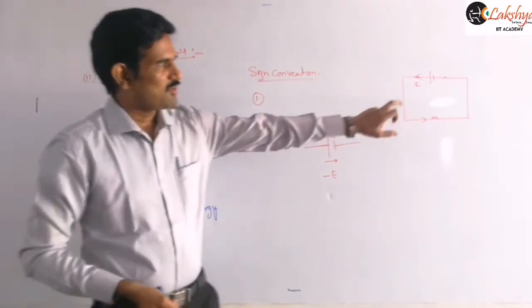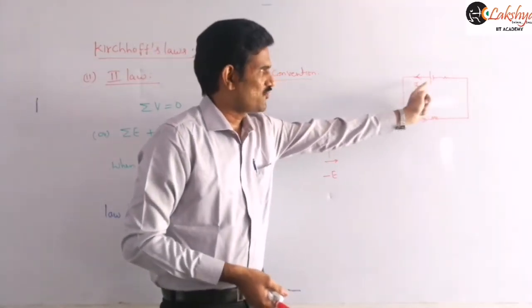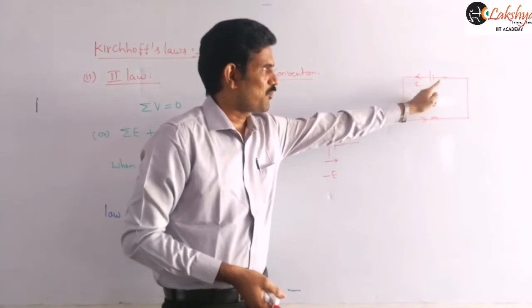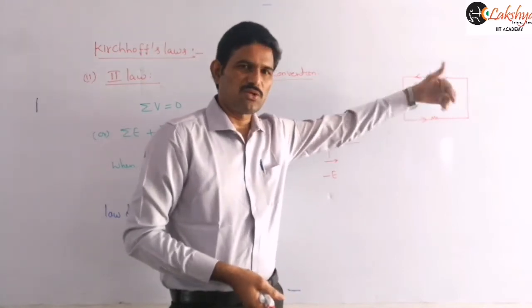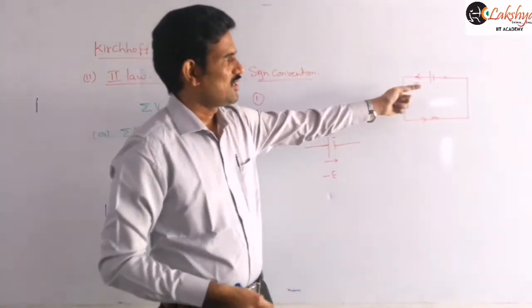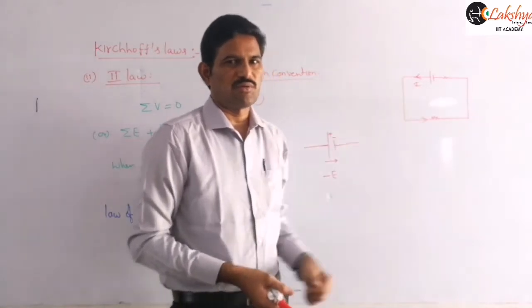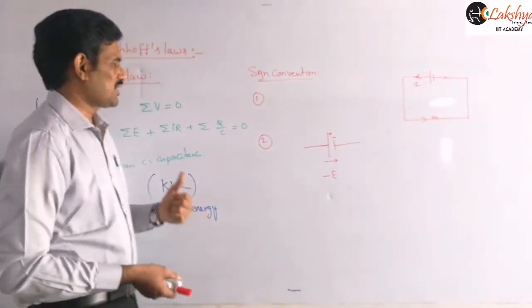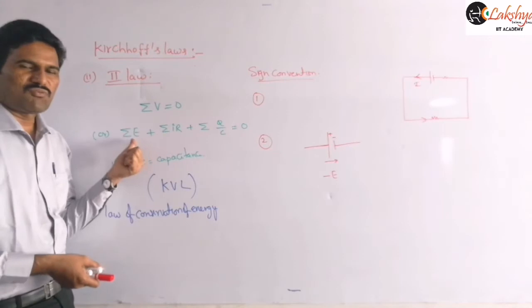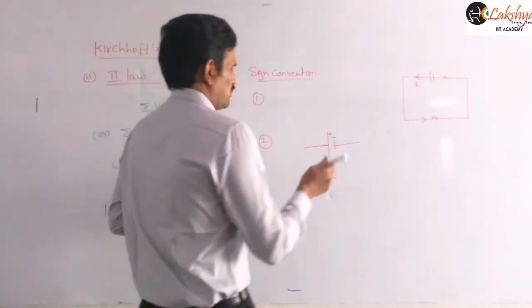That means for example here, if you are traveling in the clockwise direction, then here you will travel from the positive terminal to the negative terminal. That is the meaning of traveling here. You are applying this Kirchhoff law in the clockwise direction. When you are reaching the cell, then we travel from the positive to the negative terminal. So when you are traveling from the positive to the negative terminal, the EMF of the cell we should take as negative, minus sign we should consider here.